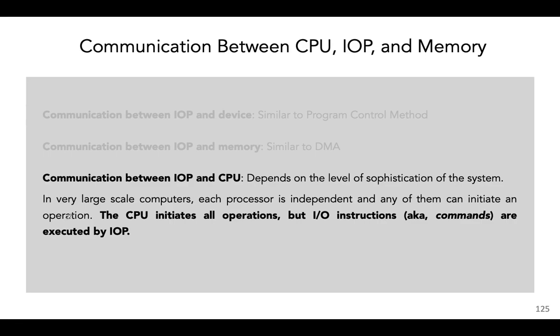In very large scale computers, each processor is independent and any of them can initiate an operation. The CPU initiates all operations, but all the IO instructions, which are also known as commands, are executed by the IOP, right? So depending on the level of sophistication of the system, this is how IOP and CPU communicate. The CPU will initiate all operations, but all the operations pertaining to IO will be dealt with exclusively by the IOP.